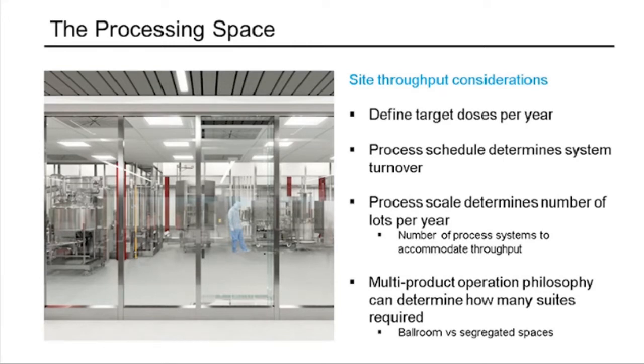This really fixes how often that equipment can turn over when you are performing your operation, and then the scale of that equipment will determine how much product is made at that same process schedule cadence. So for allogeneic, that would be the scale of your processing depending on how large you get in your bulk process. Certainly for autologous or donor-matched allogeneic, the scale is really one patient worth per operation.